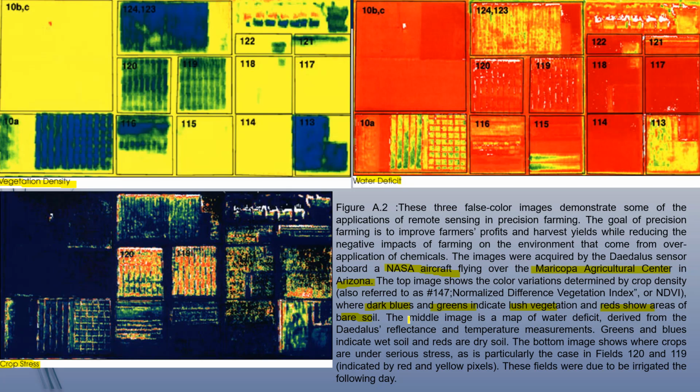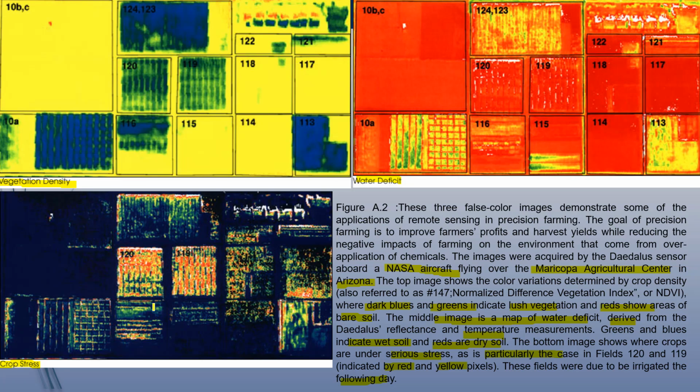The middle is the map of water deficit derived from temperature measurement. The greens and blues indicate wet soil, and red is dry soil. And the bottom image shows where crops are under serious stress in a particular field, indicated by red and yellow pixels due to irrigation.